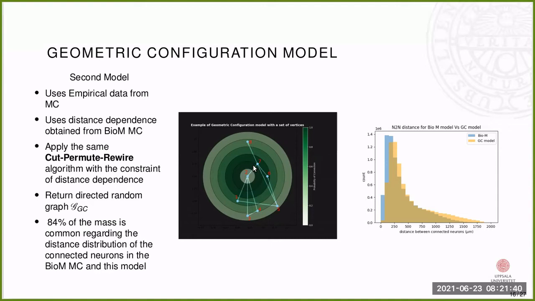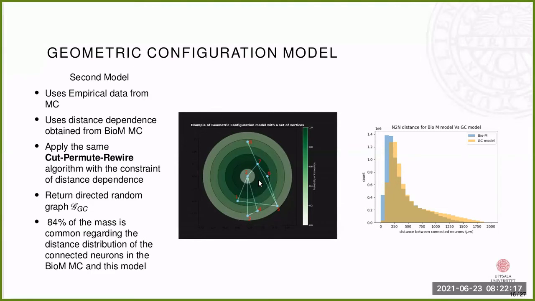And we make sure to remove the 7 from the list so that we don't reuse it, with the ultimate goal of making sure that we have the same in and out degree for each neuron in the set. And once we've completed the new presynaptic list, we can take the older postsynaptic neuron list and re-index the matrix M, and this gives us a representation of a directed random graph G sub GC.